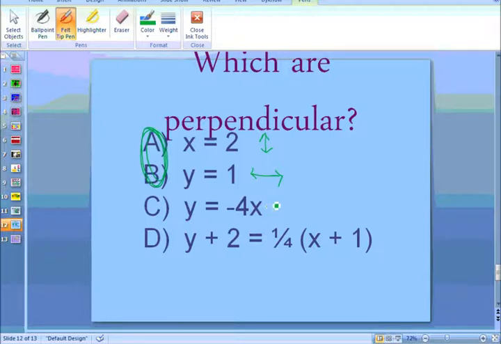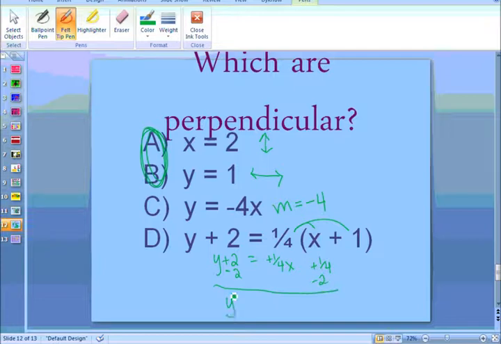Now C, my slope is negative 4. And D, I've got to work this out. So I've got y plus 2 equals, let's distribute, positive 1/4 x plus 1/4. And I need to subtract 2.